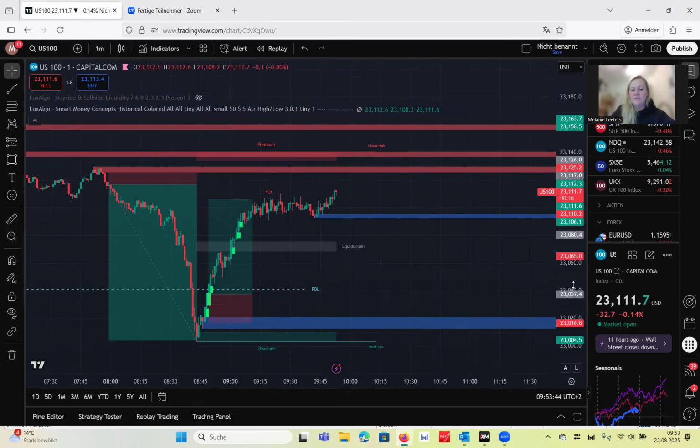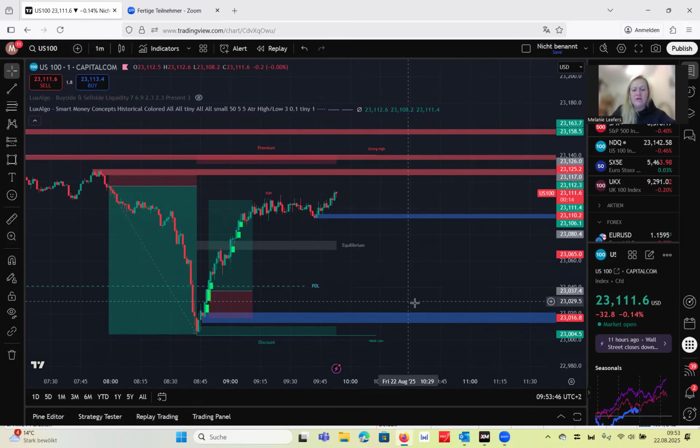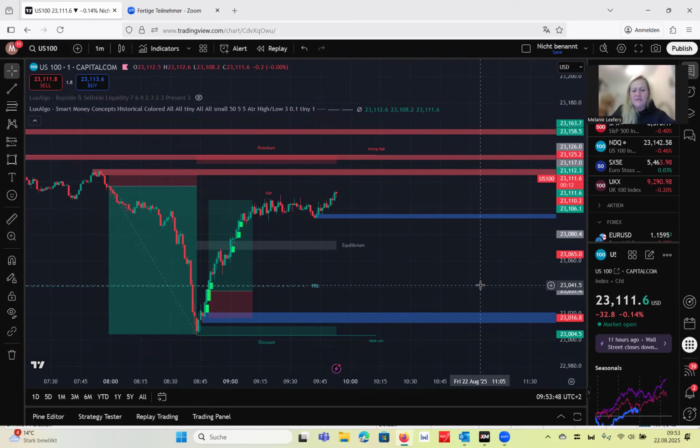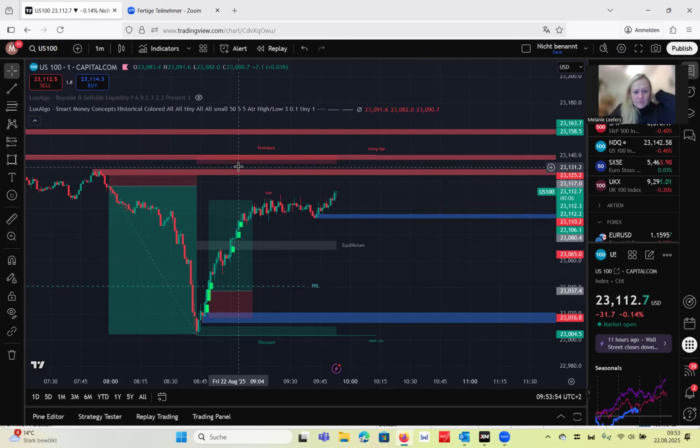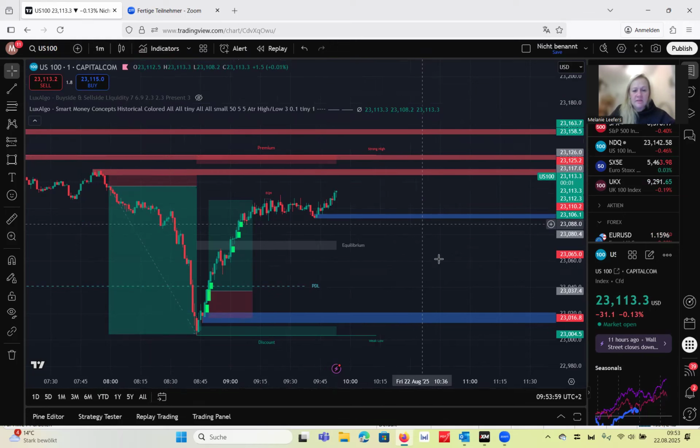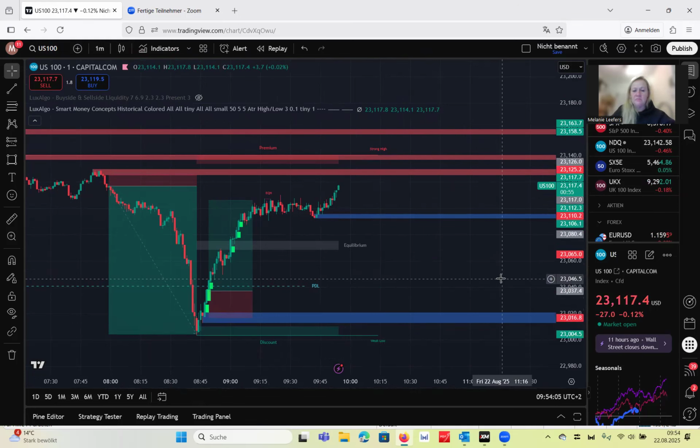Okay, so this is actually the strategy. I think it's pretty easy, and it's very beginner friendly because you only need one indicator, which is the Lux Algo Smart Money Concept, which shows you the bearish order blocks, the bullish order blocks, and the fair value gaps, the daily high, the daily low.